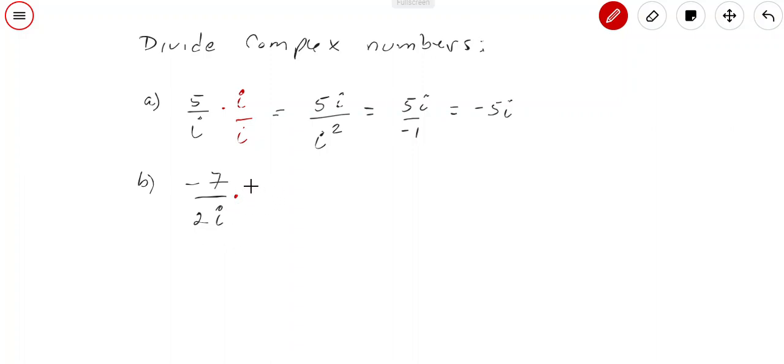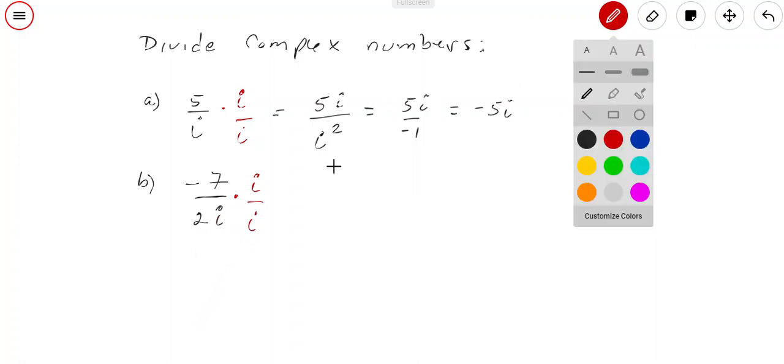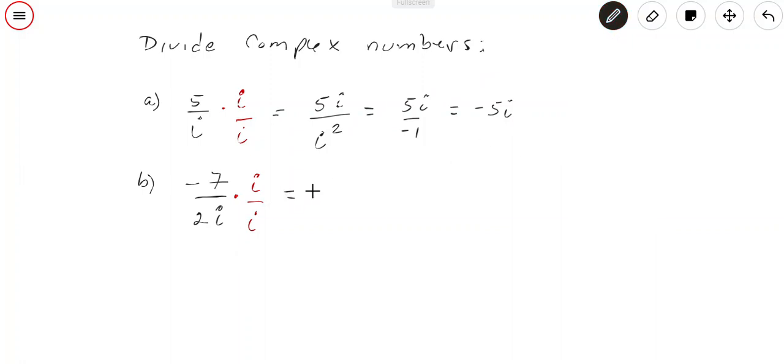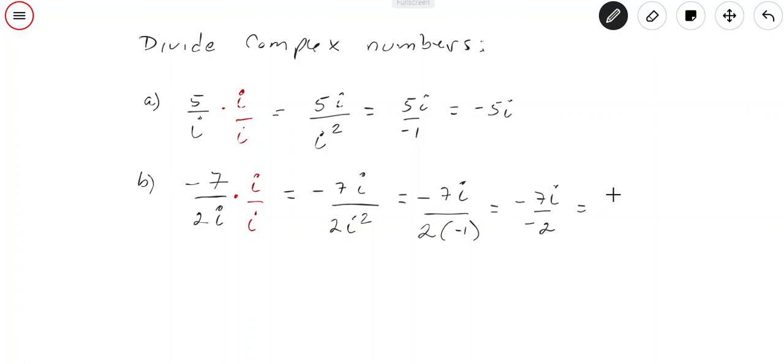I will multiply by i over i, because as I said, I don't have any problem with the factor 2 here. So if I do that, I will get -7i, because I have -7 times i. In the denominator, 2i times i, 2i squared. 2i squared is -1, so I have -7i over 2 times -1. So it's -7i over -2, so this is positive 7 over 2i.